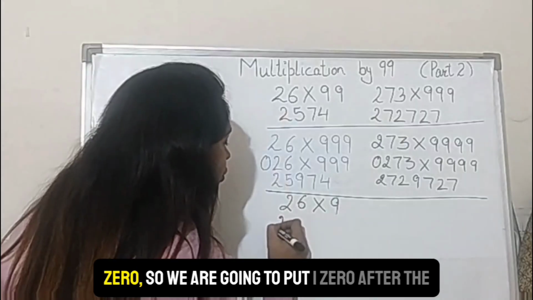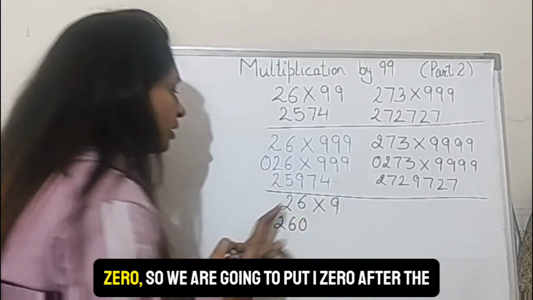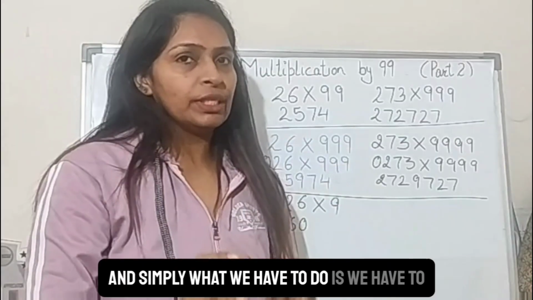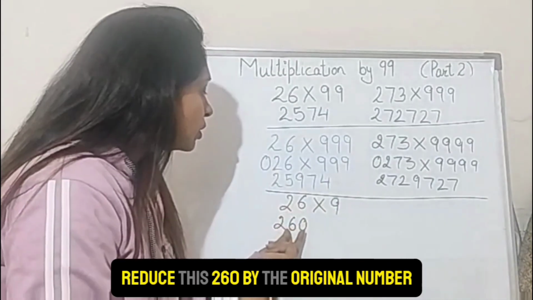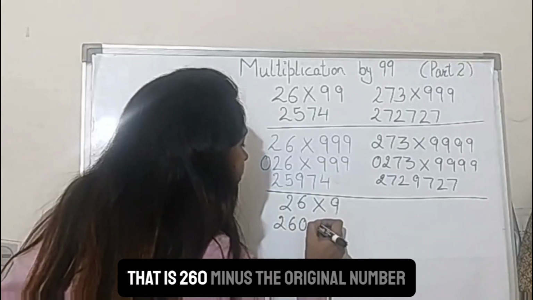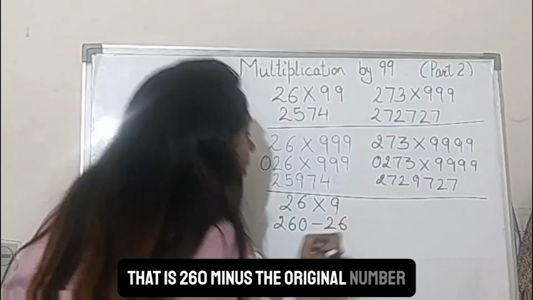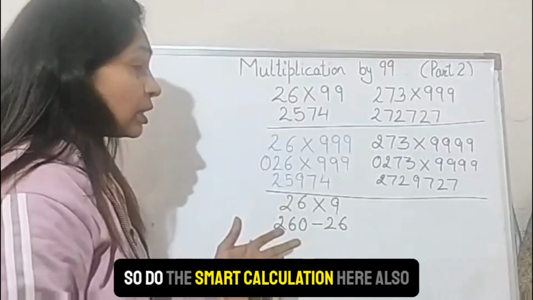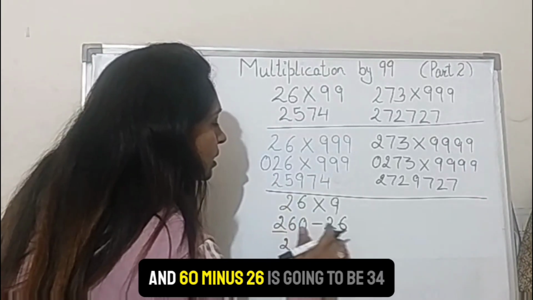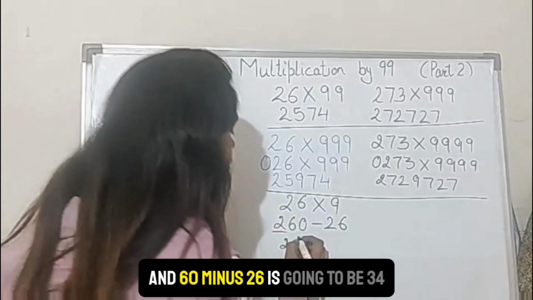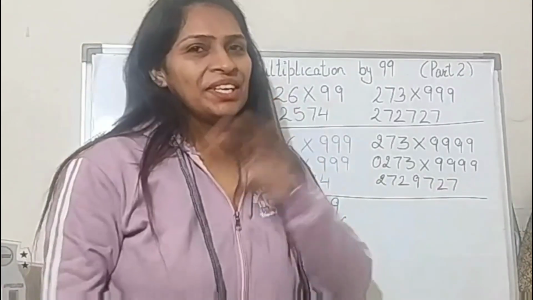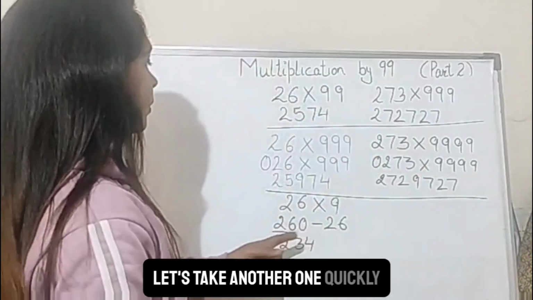So we put 1 zero after the number, that is 260. And simply we have to reduce this 260 by the original number, that is 260 minus 26. So do the smart calculation here also. The 2 will come as it is, and 60 minus 26 is going to be 34, and that's the answer. Okay, let's take another one quickly.